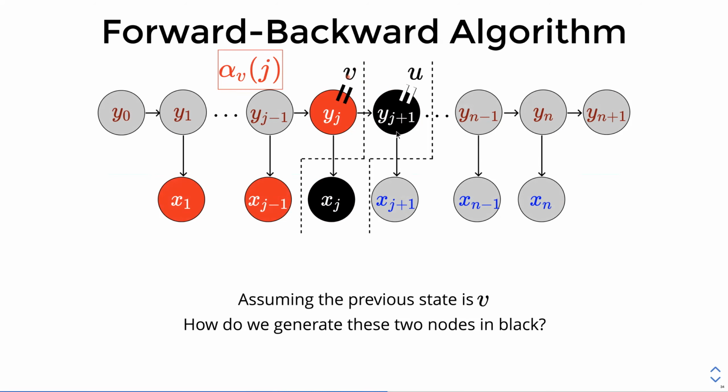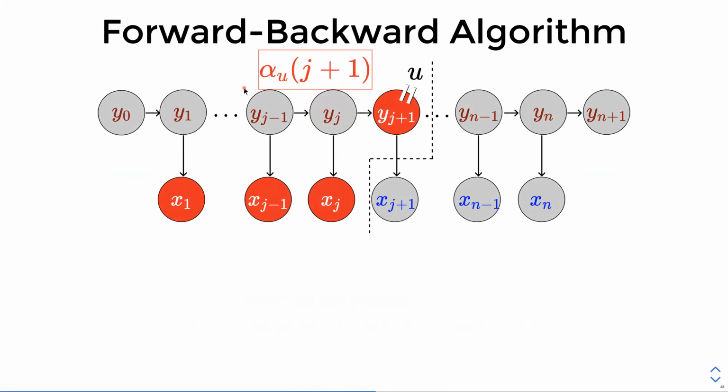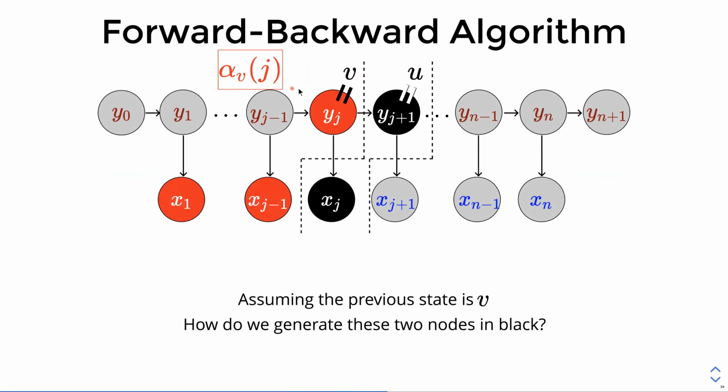To reconstruct the original alpha, if we assume this guy takes the value v, we have to consider the generation of this guy and the generation of this guy. That involves a transition from v to u and emission from v to xj.